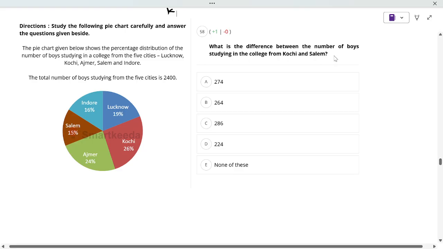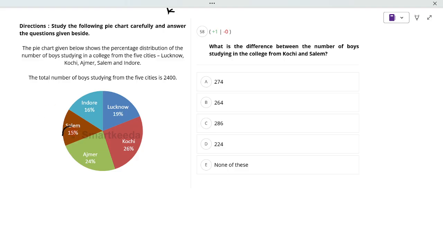58. What is the difference between the number of boys studying in college from Guji and Salem? So Salem, we have 15%. Difference means subtraction, right? But even if you get the answer in terms of negative, you will always take it as positive.